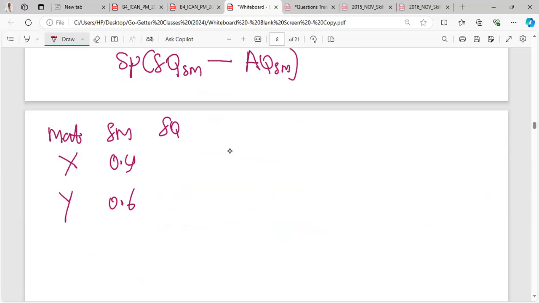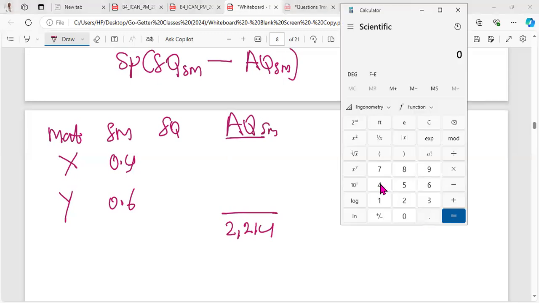Look at the actual quantity here. The actual quantity was 2,214. So for actual quantity, standard mix, we will be looking at 0.4 multiplied by 2214.